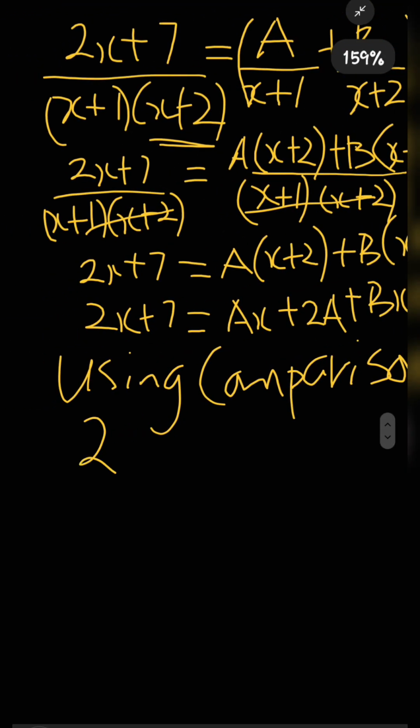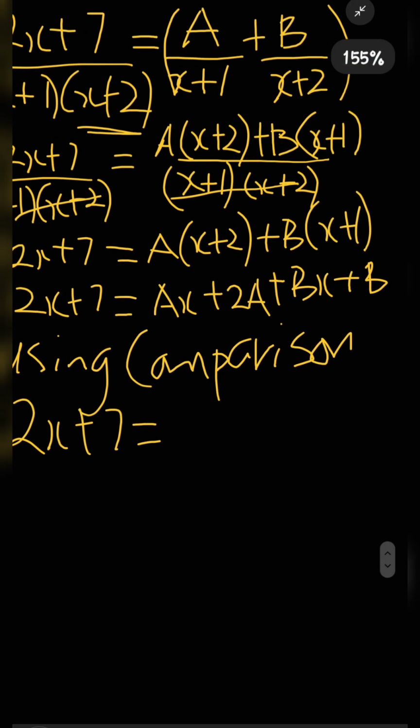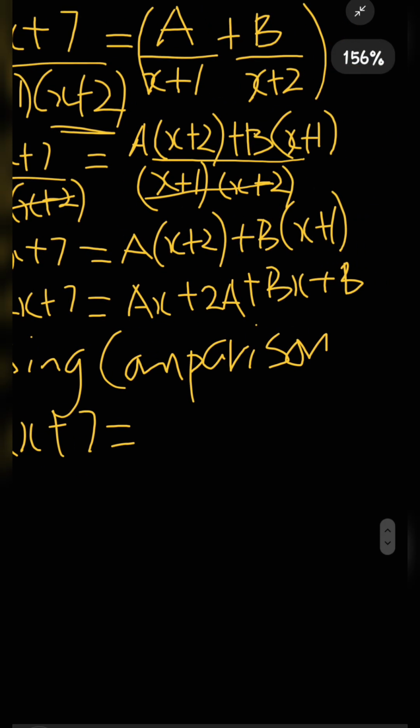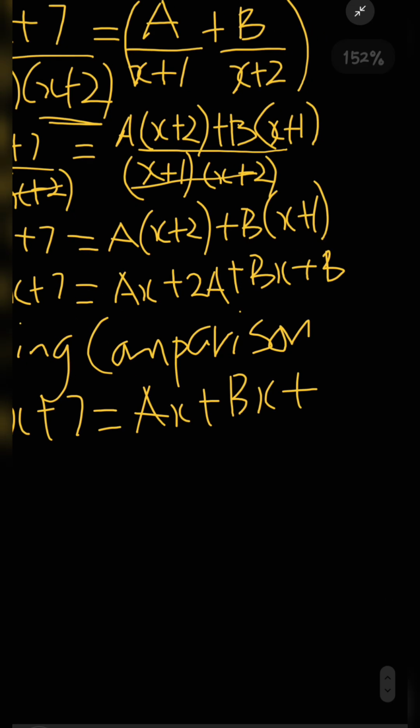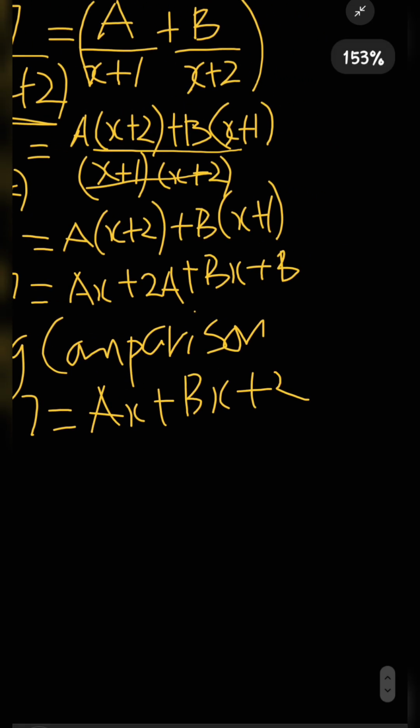So we have 2x plus 7 is equal to, now bringing out the coefficient of x, we have ax plus bx plus 2a plus b.